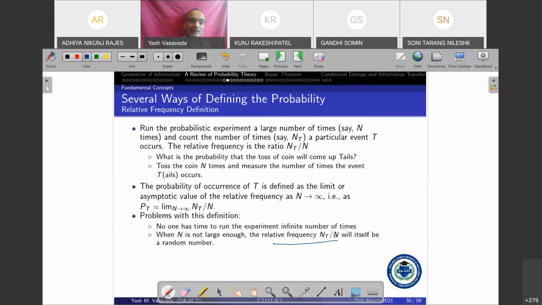Okay, so this is a little funny. You want to think about it. We are trying to define the probability, and with the first definition on the previous slide, we saw that it had some disadvantages. So we are coming up with this new definition. The problem is that if we use this definition for a finite number of experiments, then the number that you are calling probability, that number itself will be probabilistic.